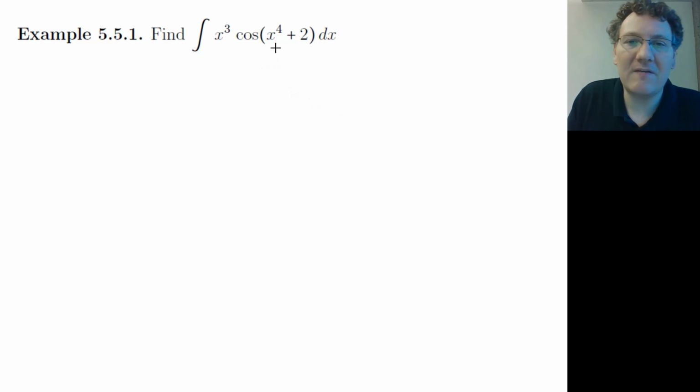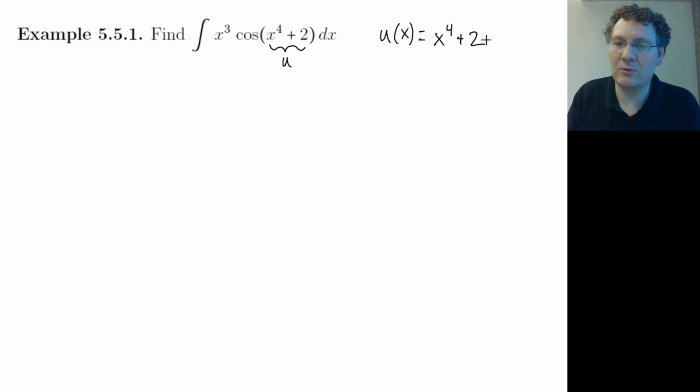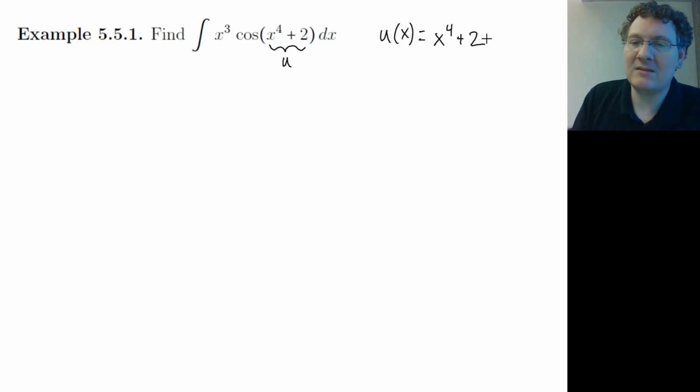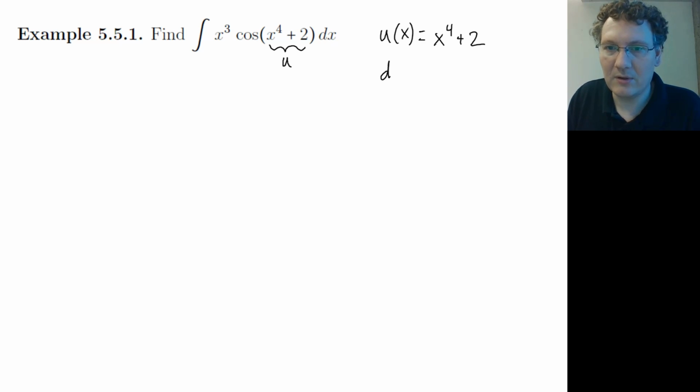So if I call u of x this x to the fourth plus 2, because I know how to integrate the cosine function, then du over dx is going to be 4x to the third.